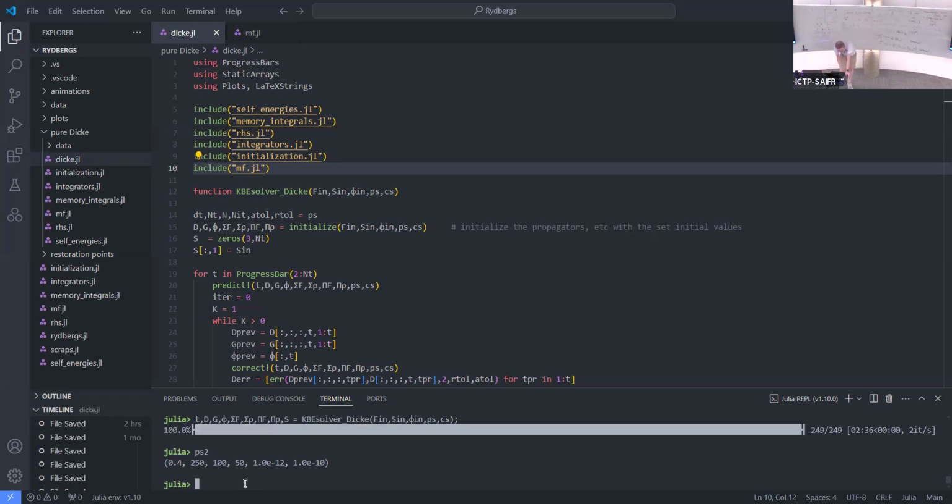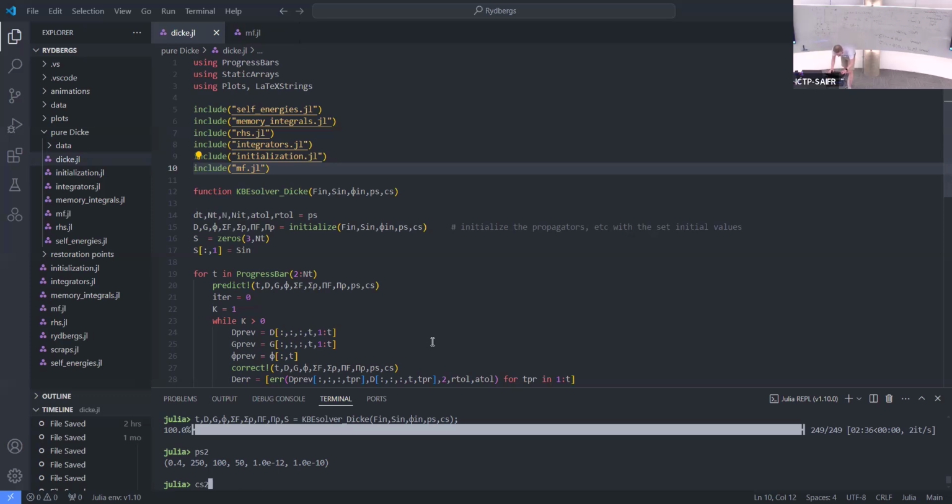These are just the tolerances. And 50 is the maximum number of iterations for this predictor corrector before it tells me that it doesn't converge.